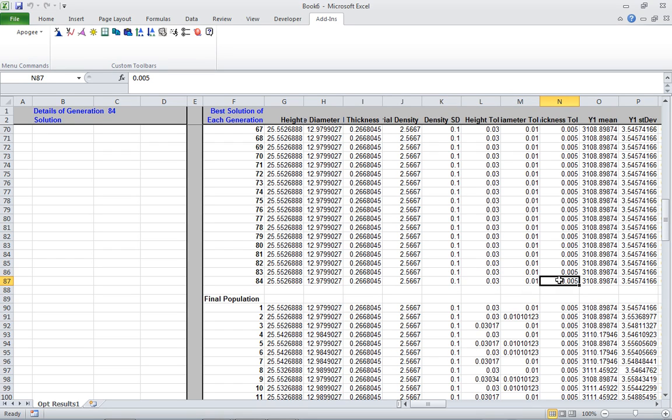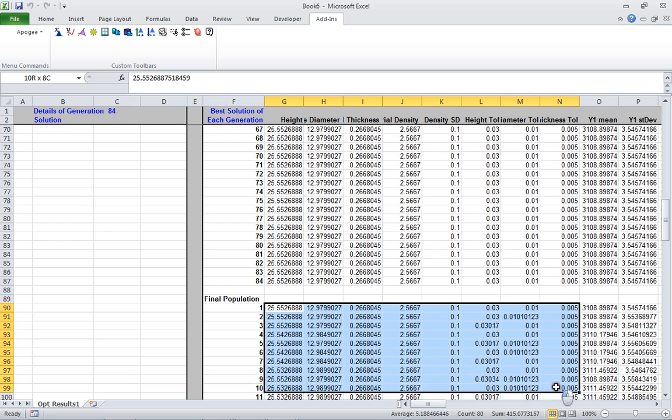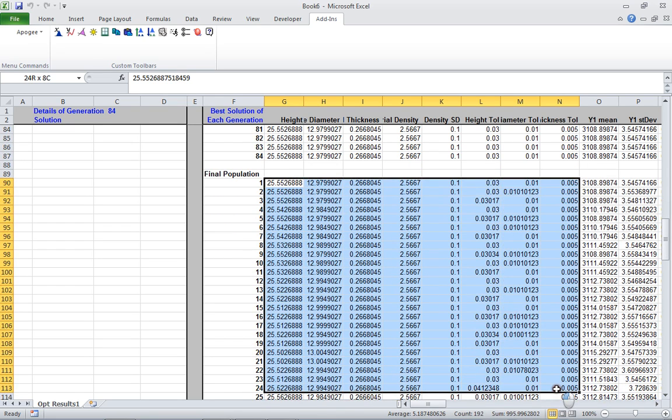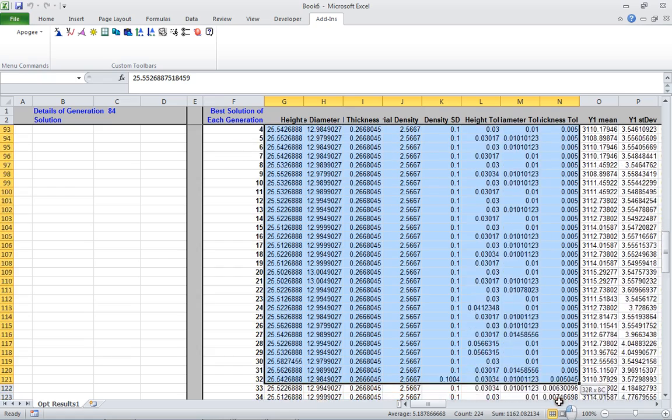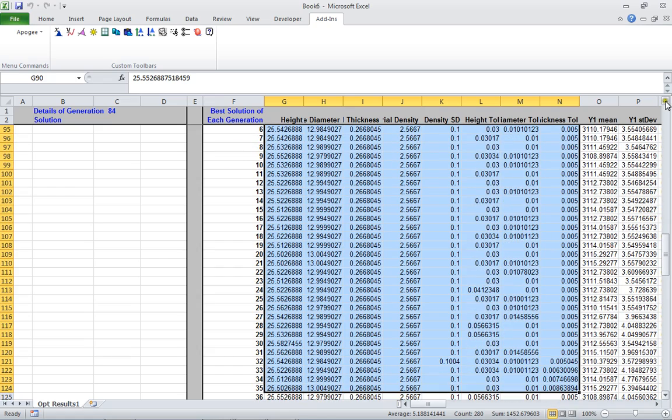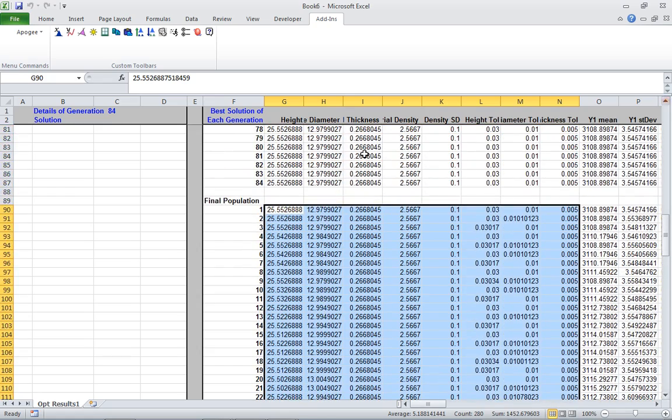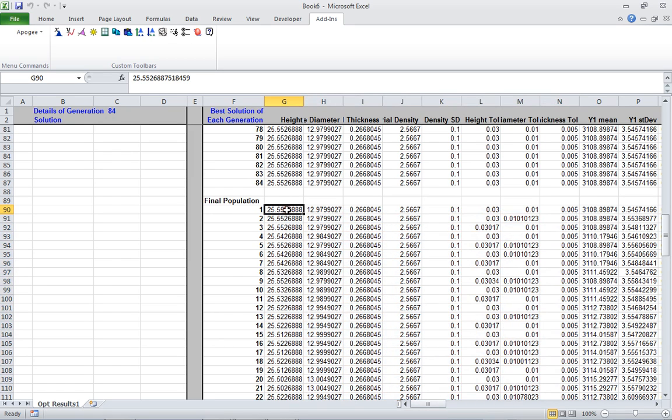And then for this final 84th generation, all 100 members of this population are shown down below, so you can go evaluate and see if there are any other solutions that may be compliant by evaluating their response conditions and see if any of these could be usable. But the best solution, based on the information the tool had available to it, is what's presented at the top and is what is returned to your Excel worksheet.